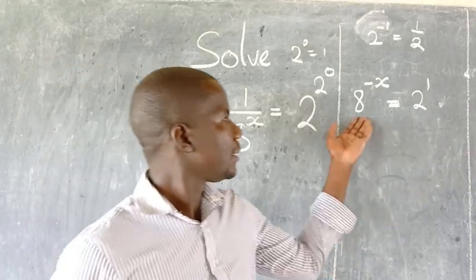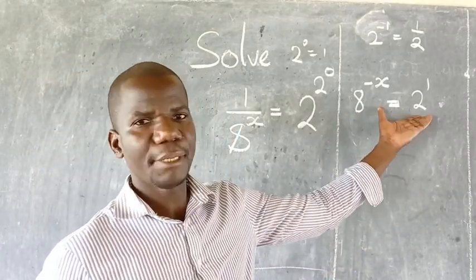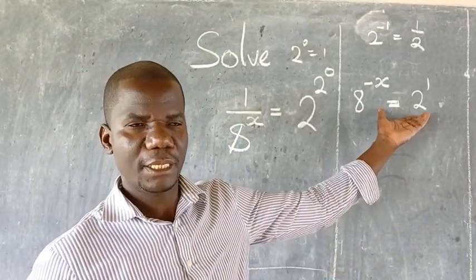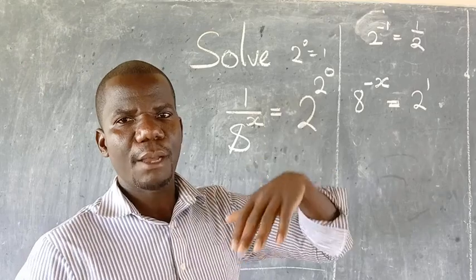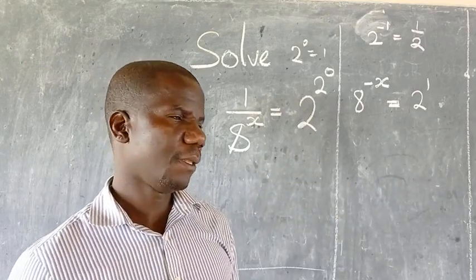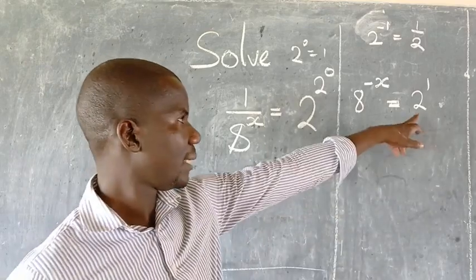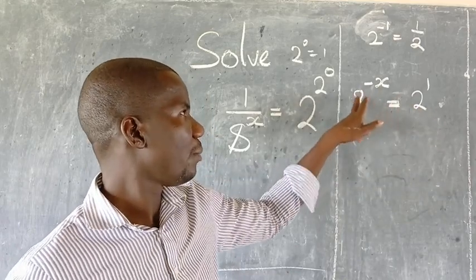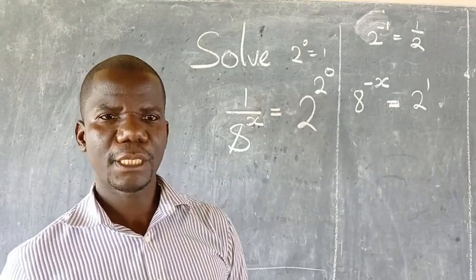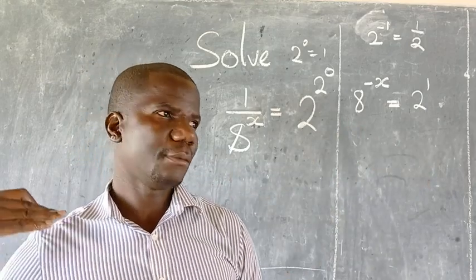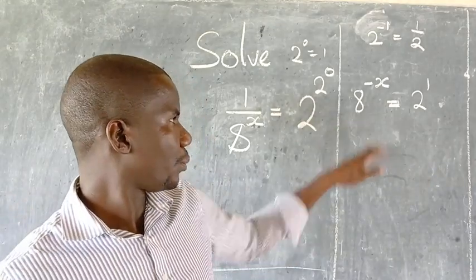Now, at this point we need to look at the bases. The bases are different, so we must get this equation to a point where we have the same base. We already have a 2 here, and we're looking at whether there is a way we can rewrite 8 so that the base becomes 2.